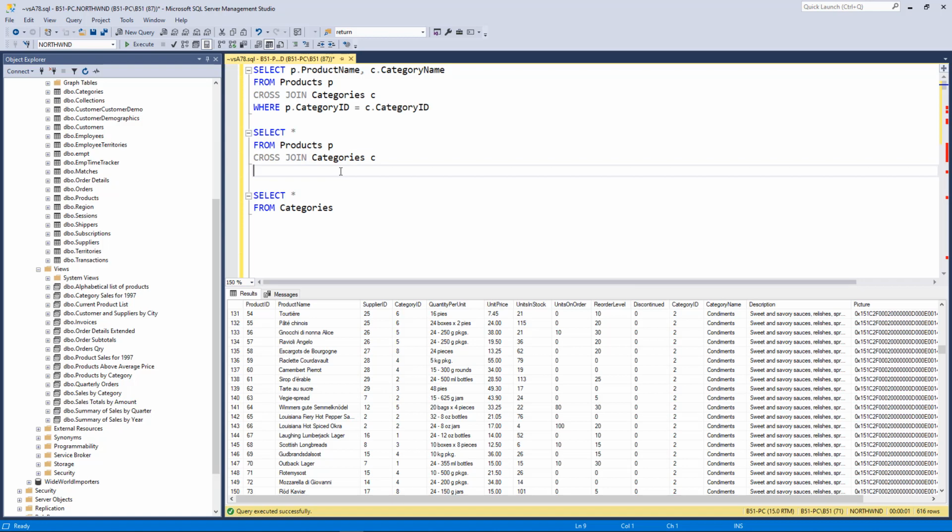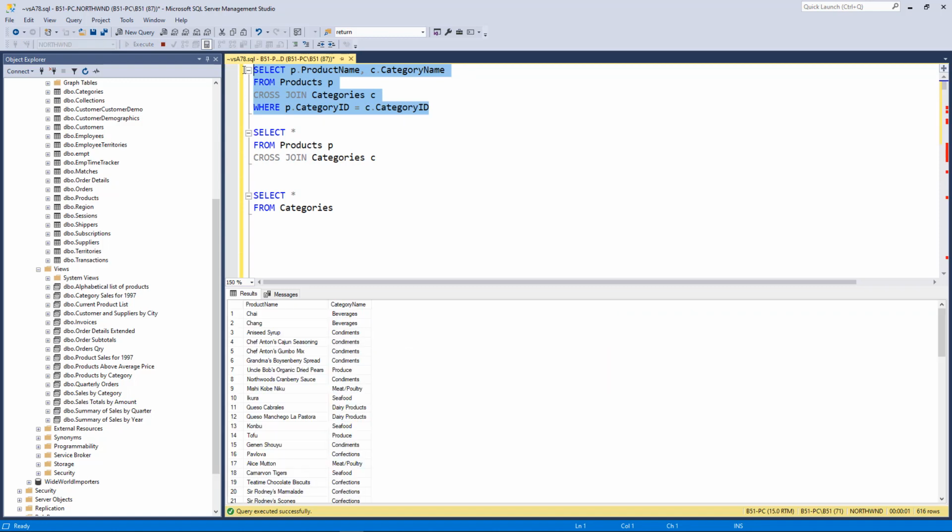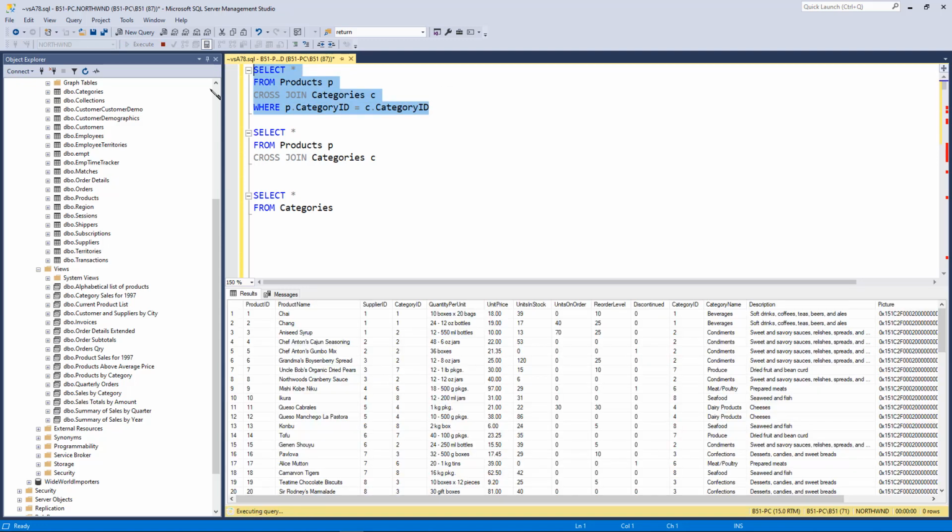The only way not to multiply is to use where and connect between the category ID. So here if we do it, we get only 77 rows, the amount of rows of the product table. Now let's run asterisk so you see everything. With the where, we see that for each category it gets the amount of category needed.